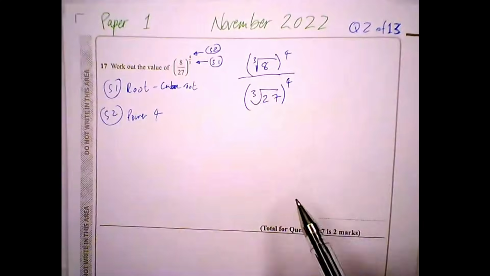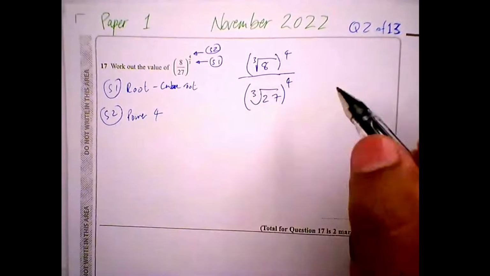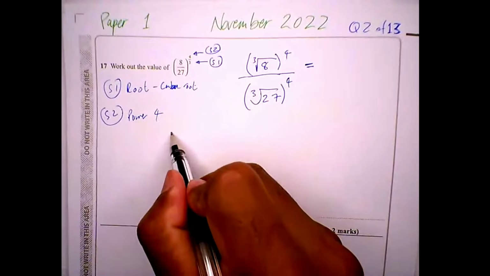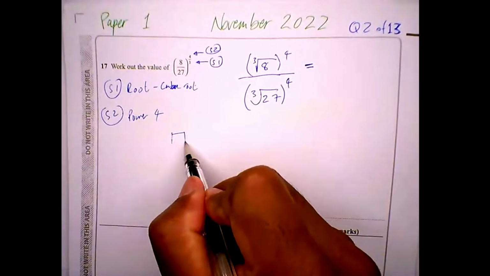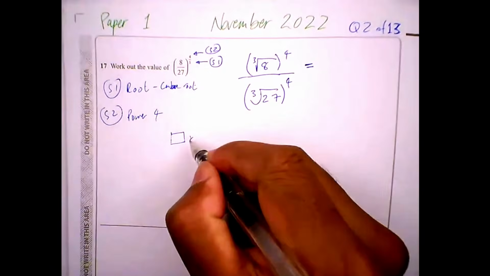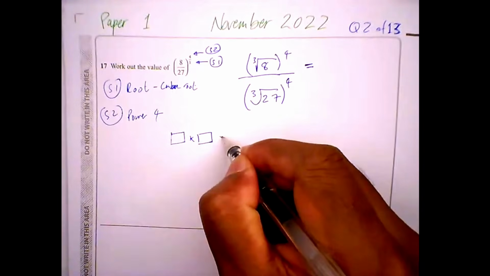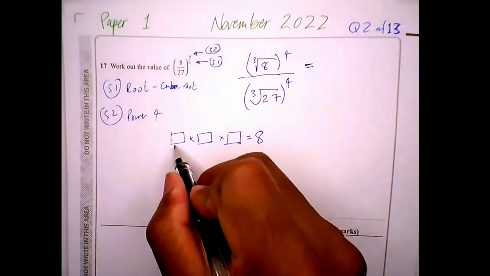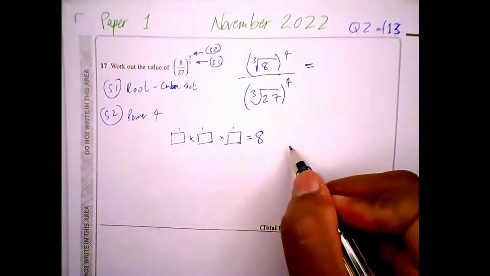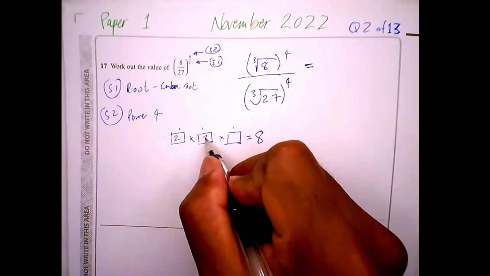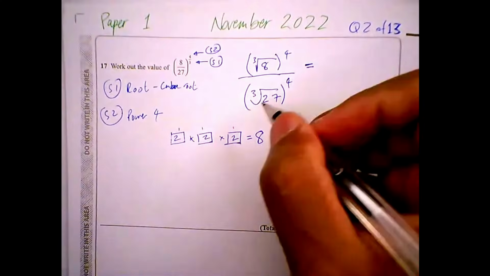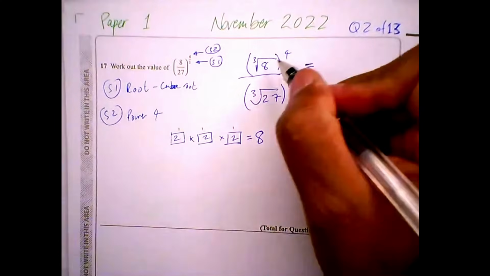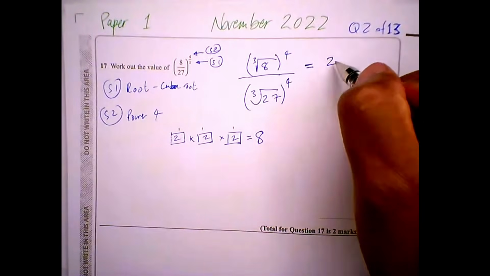Now if I look at the numerator, top number, what number multiplied by itself 3 times gives me 8? If you remember the working out from the last question, 1 times 1 times 1 is not 8. 2 times 2 times 2 gives me 8. 2 times 2 is 4, times 2 is 8. So the cube root of 8 is 2.